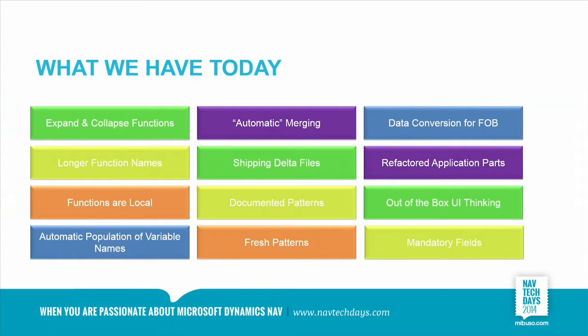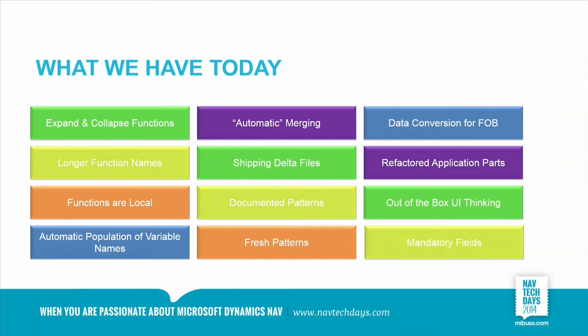So, looking back at the last couple of years, we have achieved a lot. We have got a lot of things in the application. Just a few to mention: expanding and collapsing functions, longer function names, automatic population of variable naming.